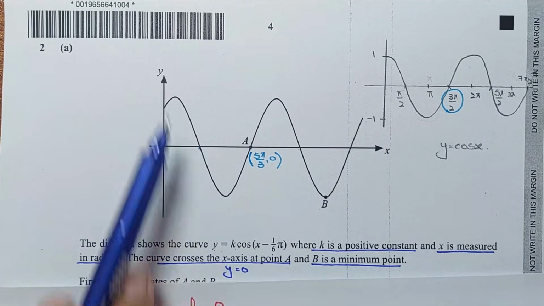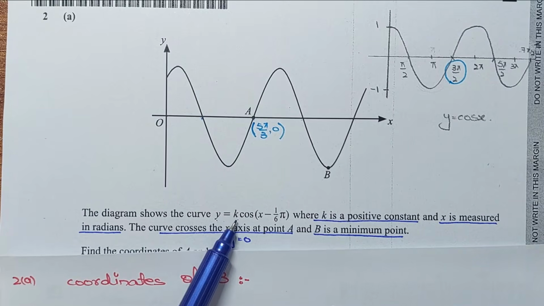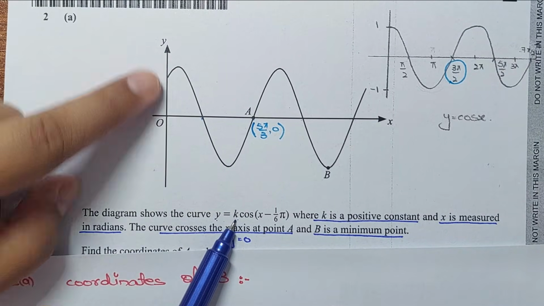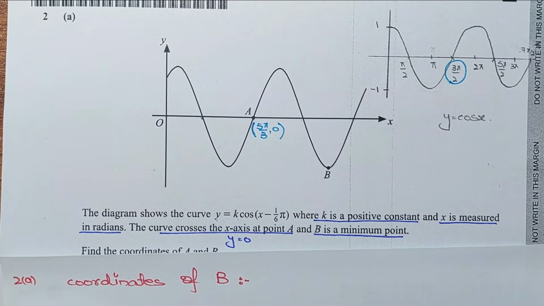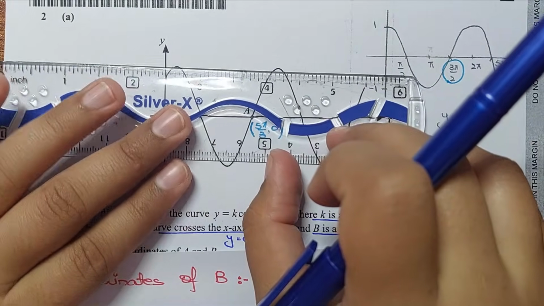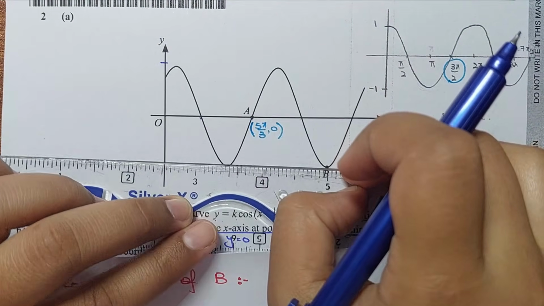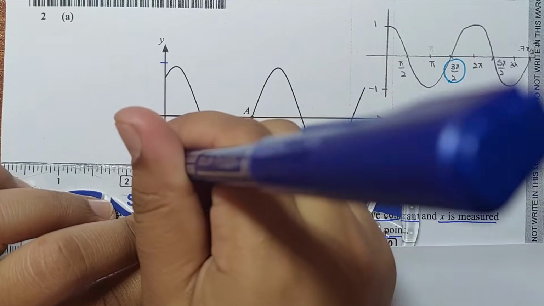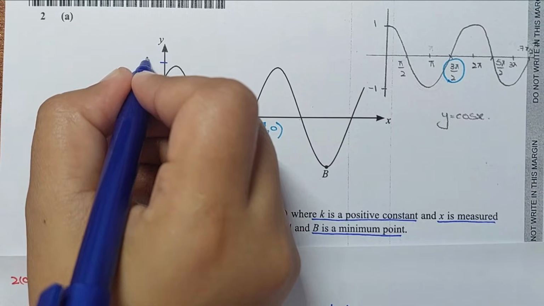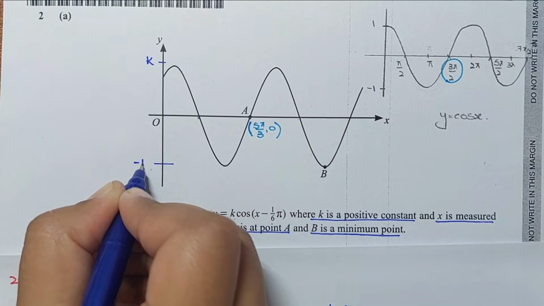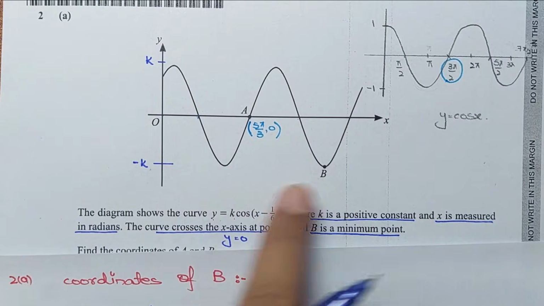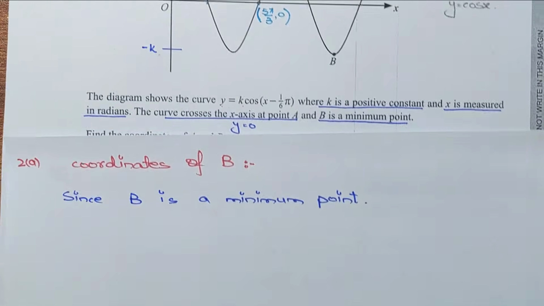So in this case, for this equation, the maximum point is k and the minimum point is negative k. So this is the maximum, this is k, and this point is the minimum, which is negative k. So here we have k and here we have minus k. So the y coordinate for B is minus k.